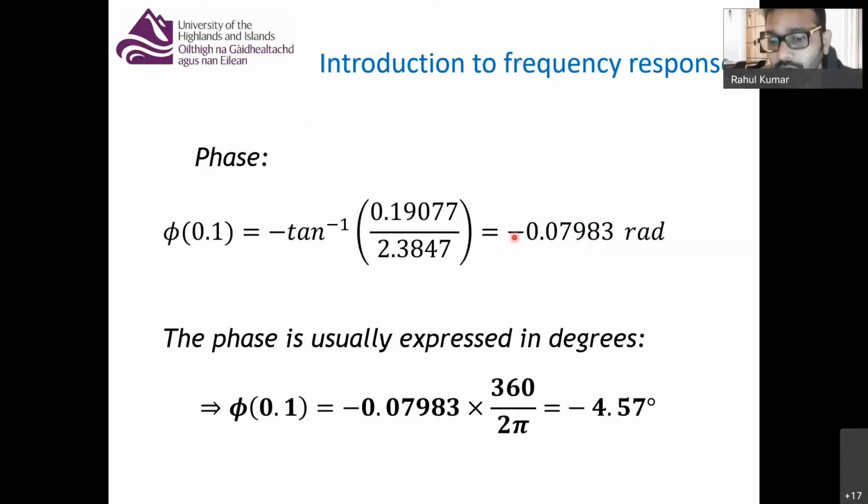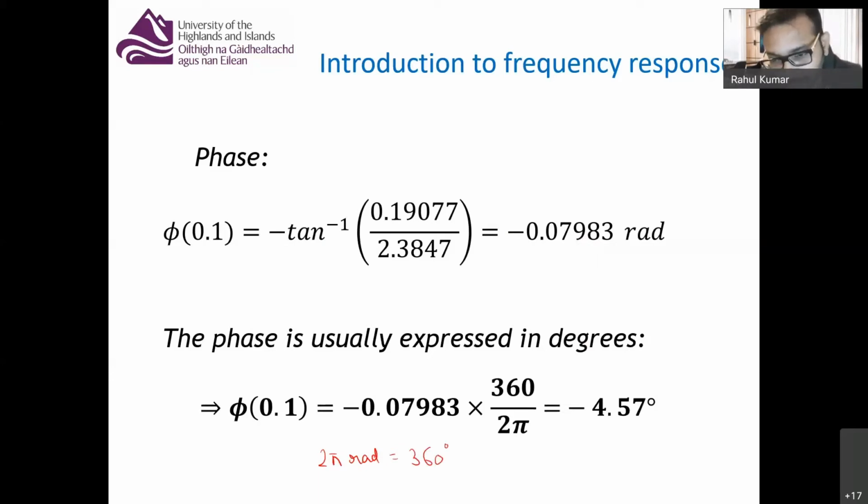Now, angle or phase is generally expressed in degrees. So again, we have to convert this value into degrees. For that, 2 pi radians is equal to 360 degrees, right?